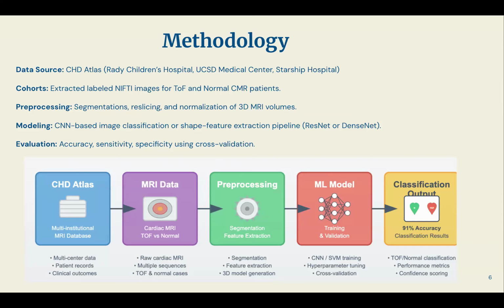So this will be mostly our methodology. As I said, the data source is the CHD Atlas, which was collected from different medical centers. When we were looking at the data set, there were actually no tools to download such a large data set.